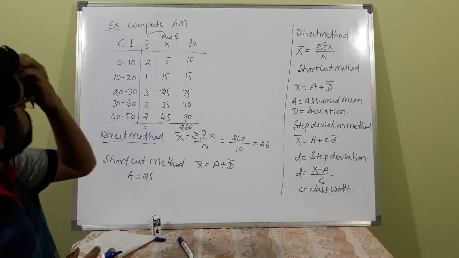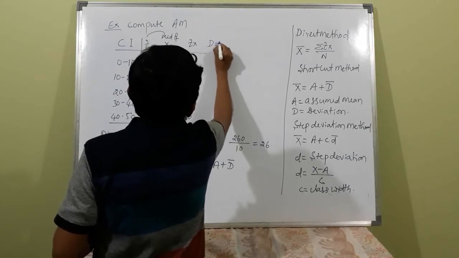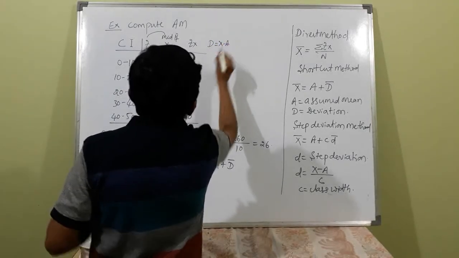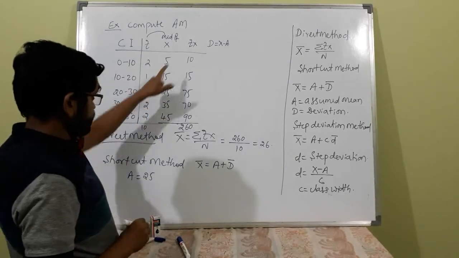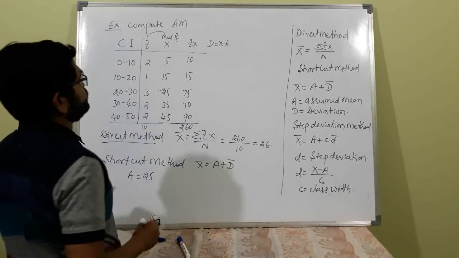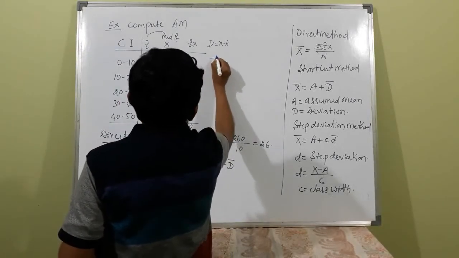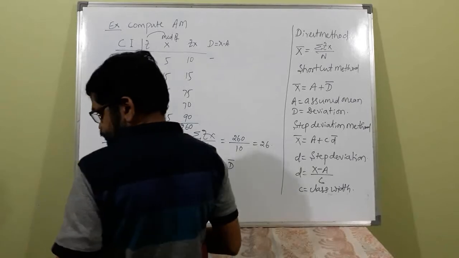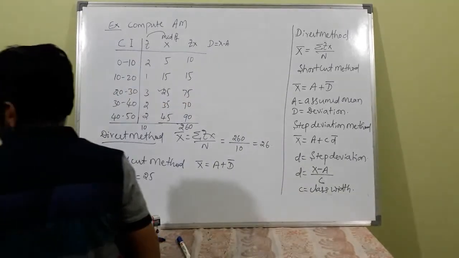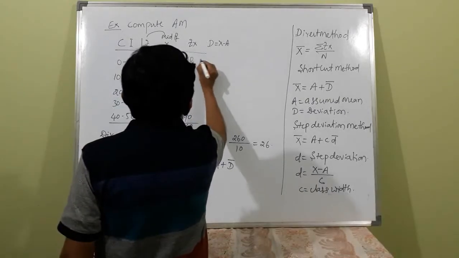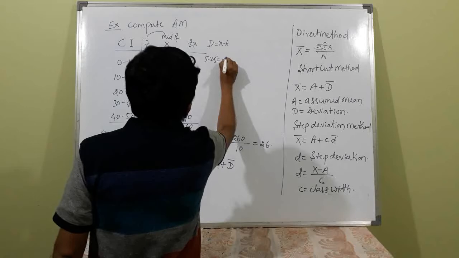So d is x minus a. Here x is 5, 15, 25, 35, 45. A is 25 always. 5 minus 25 is equal to minus 20.